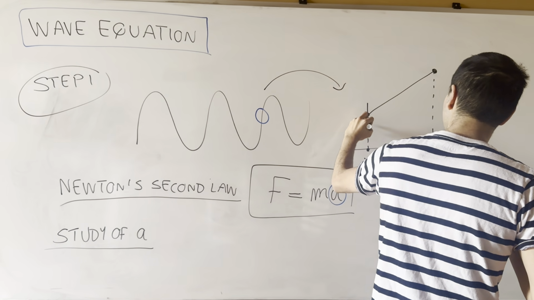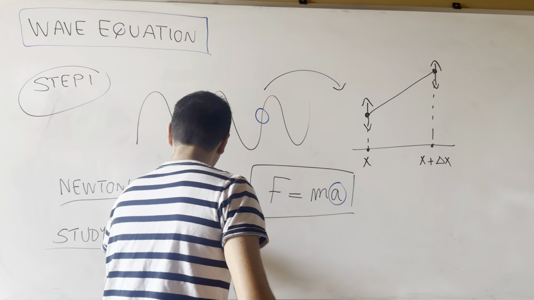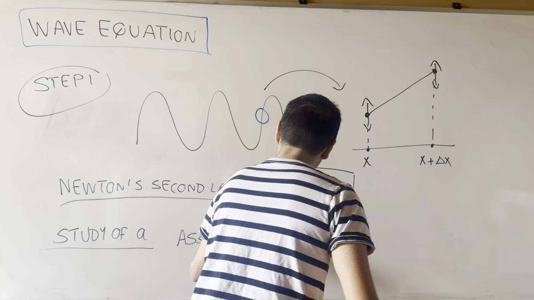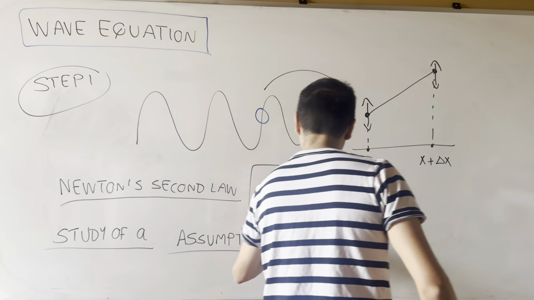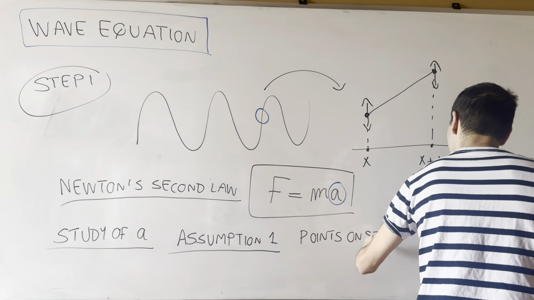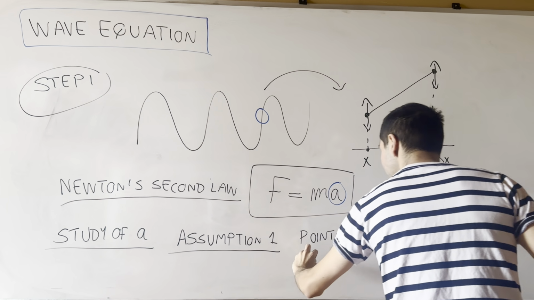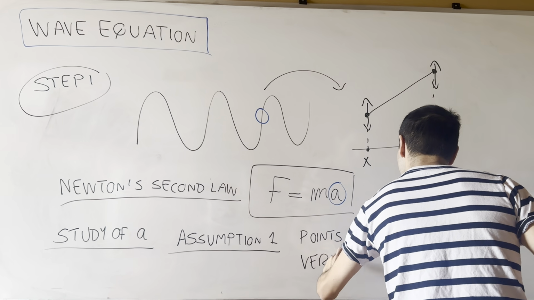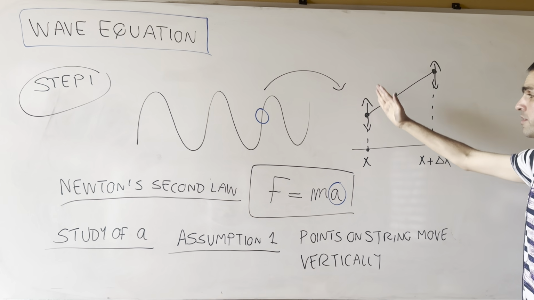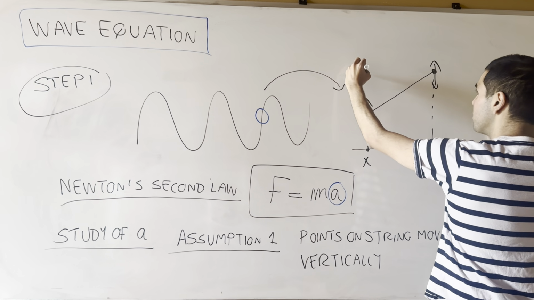So first assumption: points on the string move vertically. So in other words, there is no horizontal component of the position.